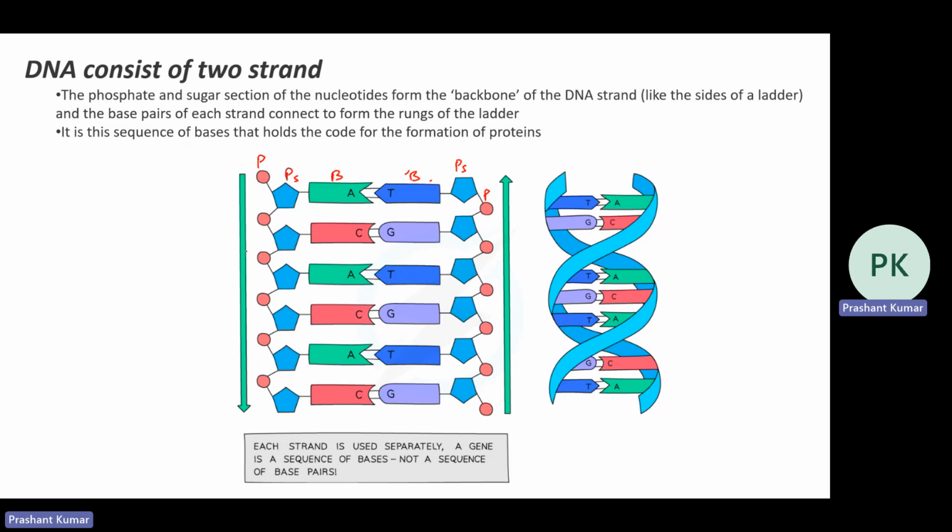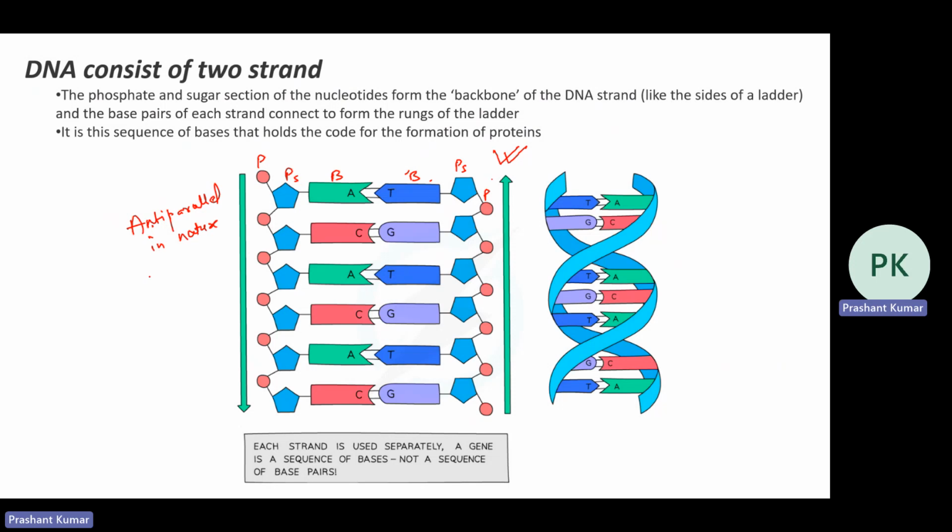If you observe clearly, you will find that this particular strand, this side, is in the opposite direction. So one is going this way, another is going the other way, right? That is why the orientation and direction of the strands are opposite. That is why we call them anti-parallel. DNA is anti-parallel in nature because of the difference in direction.